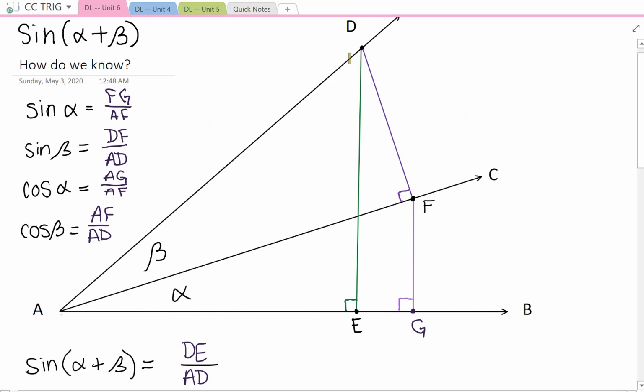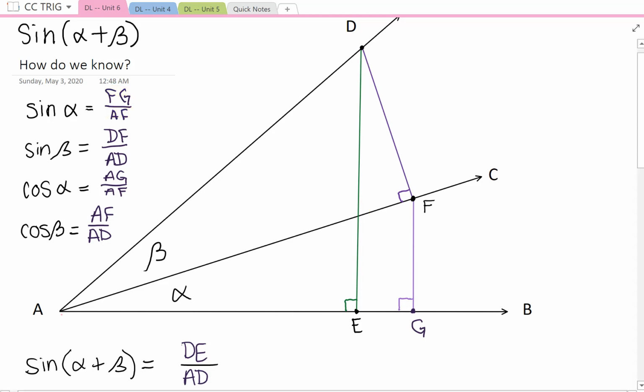Now, if any of these other acute angles here, here, here are also equal to alpha or beta by some geometric properties, that could help us to find alternate ratios to represent sine of alpha or sine of beta.